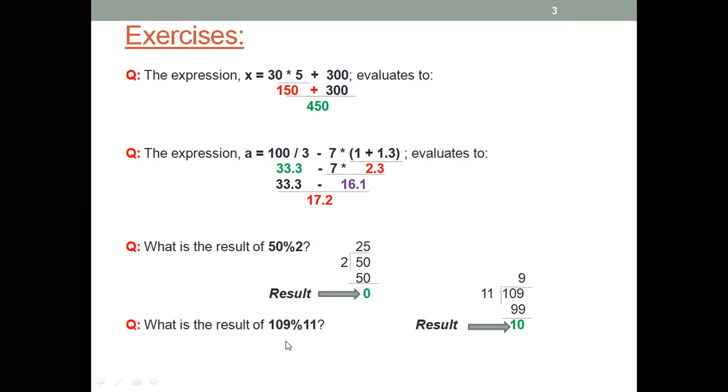But in this case, 11 times 9 equals 99, because 11 times 10 would be 110, so this one must always be smaller than this one. So we can put only 11 times 9 equals 99, and the remainder is 10. So the answer for this one is 10. Whatever is left, whether it is 0 or an integer, you have to take it. Please try to understand, it is very easy.